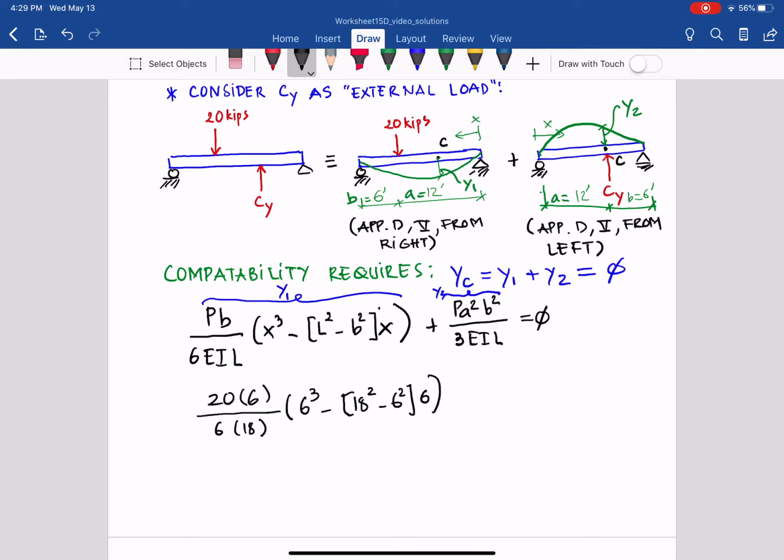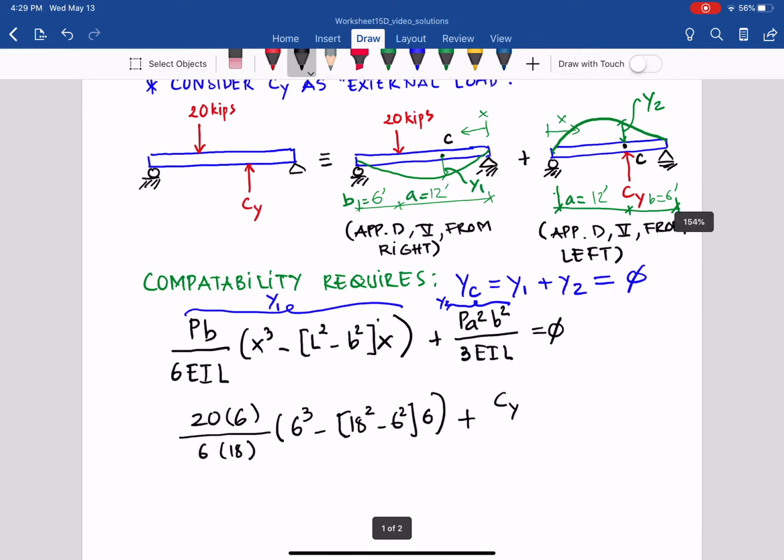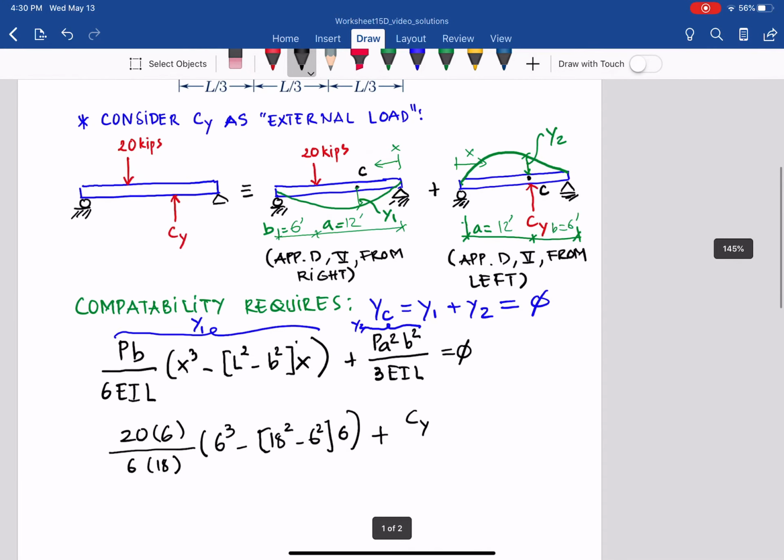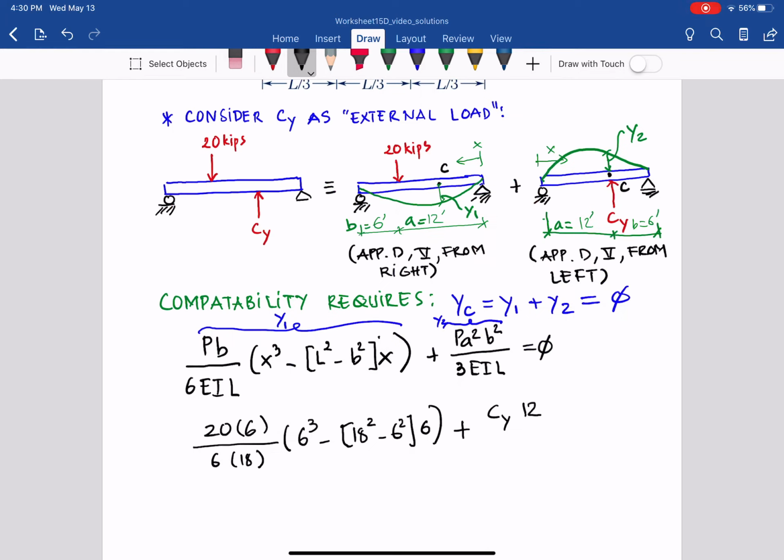That is the first, and then plus P, in this case C_Y, A. Apply the last diagram here: A equals 12, not 6 anymore, as you can see there. 12 squared B, 6 squared, divided by 3 L, 18, equals 0.